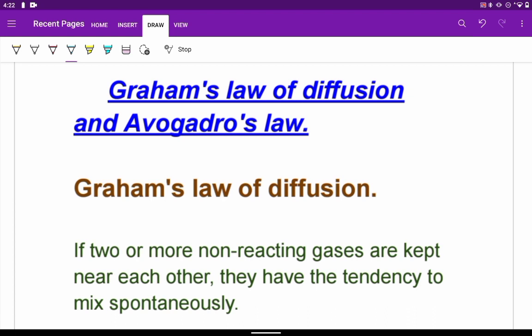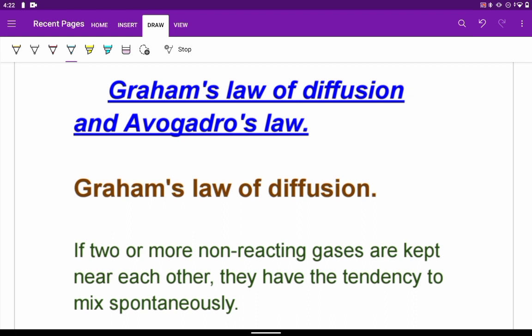That is, the particles will spread through the medium from higher concentration to lower concentration. This is a very common phenomenon. If we have an incense stick lit in one corner of the room, that fragrance spreads to the other corner of the room as well. Same if we spray some perfume at one end and we get the smell at the other end. All these are because of the diffusion phenomenon.